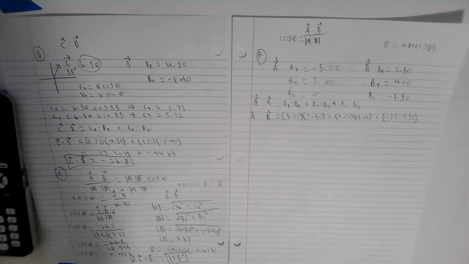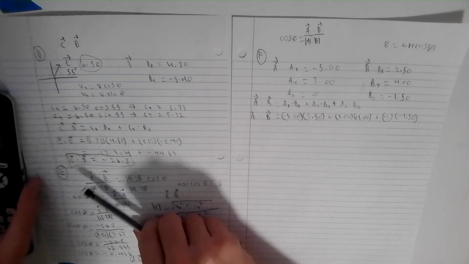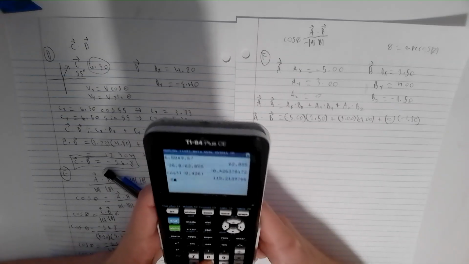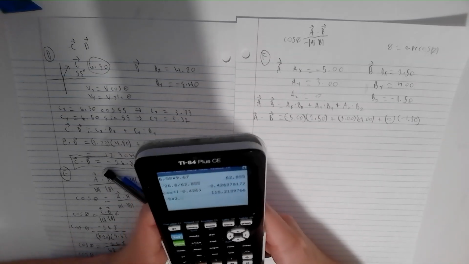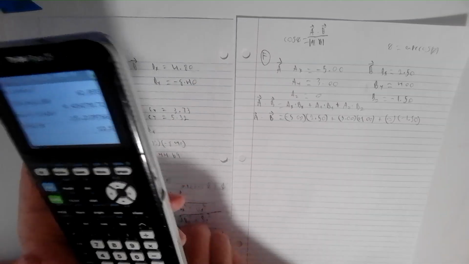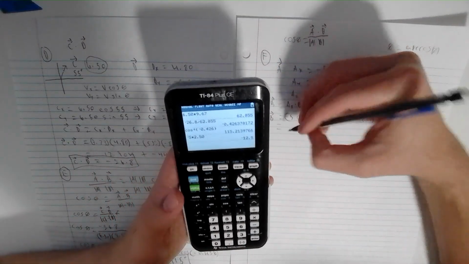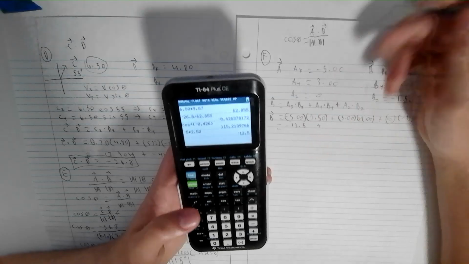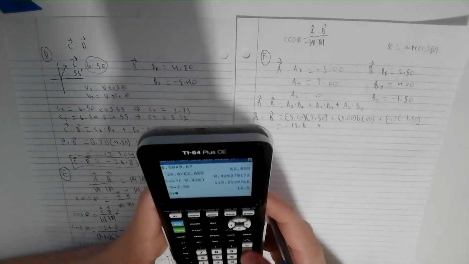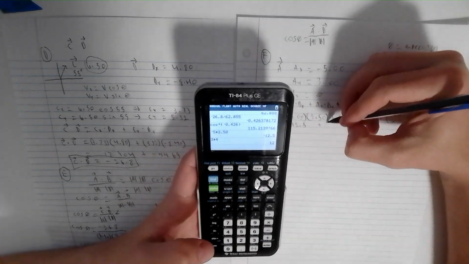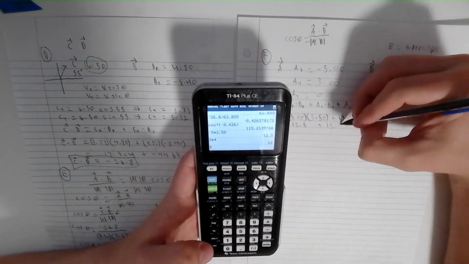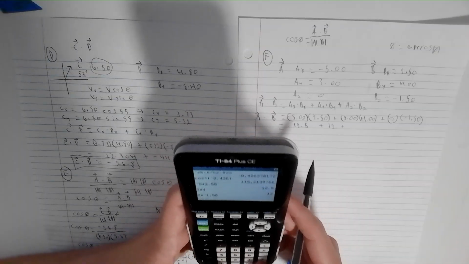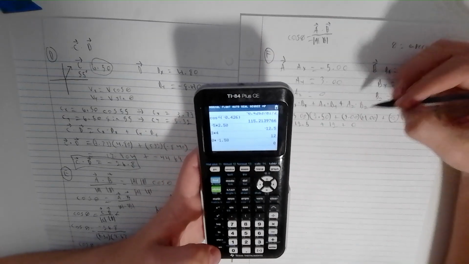All right, and that's that. So let's solve for those. We got negative 5 times 2.50. That's going to be negative 12.5, plus 3 times 4, plus 0 times negative 1.50, 0.